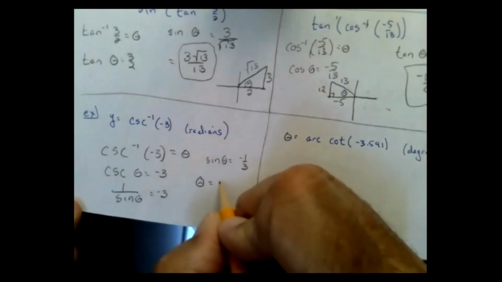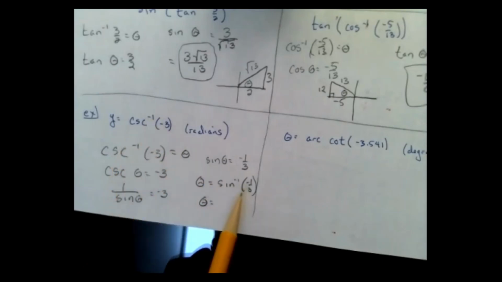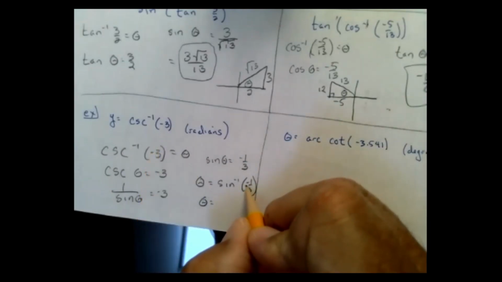And now I send the sine over, theta equals the inverse sine of -1/3. That's the same as the inverse sine of its reciprocal, -1/3. So I can do that on the calculator.